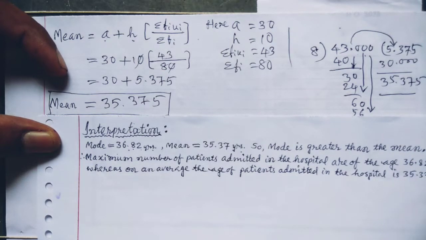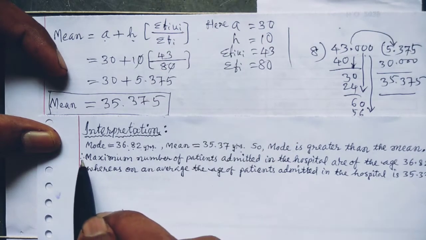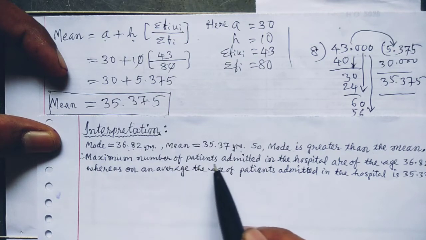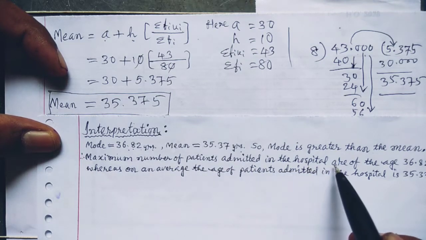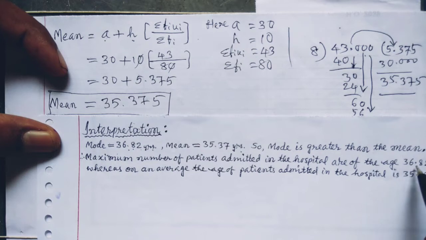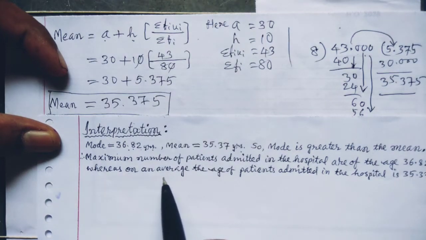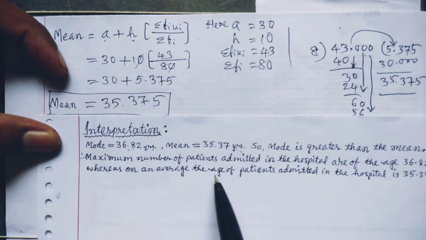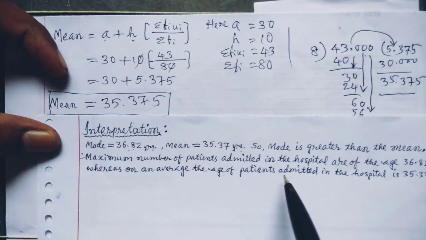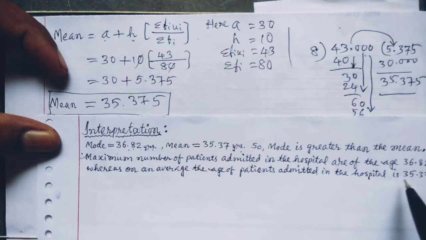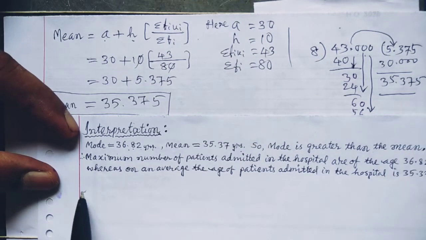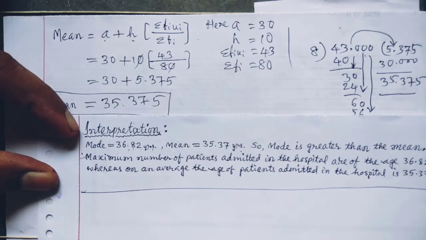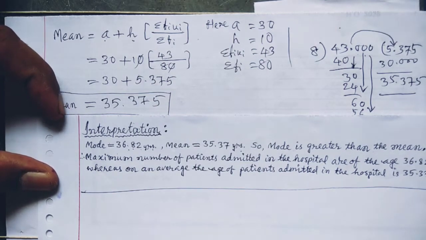This is the comparison. Therefore, the maximum number of patients admitted in the hospital are of the age 36.82 years, whereas on an average, the age of patients admitted in the hospital is 35.37 years. So this is the interpretation.